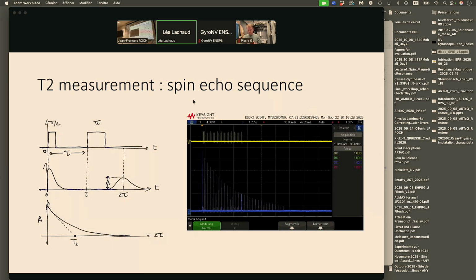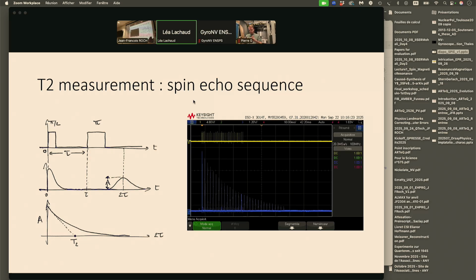So the spin echo sequence, I put it back here, but you must have seen it first with Jean-François. First, you apply a pi-half pulse to your spins, then you wait a controllable tau duration. You apply a pi pulse, and this pi pulse is going to reverse, in some sense, the direction in which the phase accumulates, right?